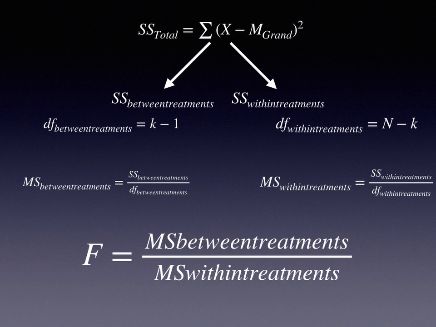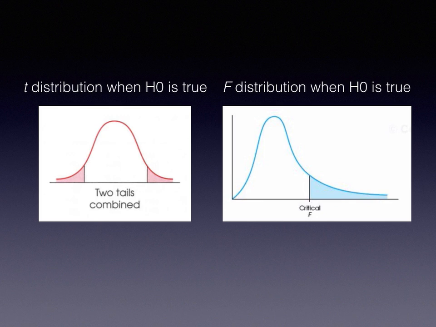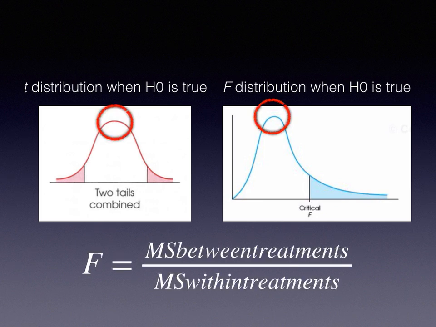So if there really is no treatment effect, as your null hypothesis will state, then MS between treatments should be very, very close to MS within treatments, and F should converge on a value of 1. When we looked at the T distribution, when the null is true, that most frequently occurring score for T was 0.